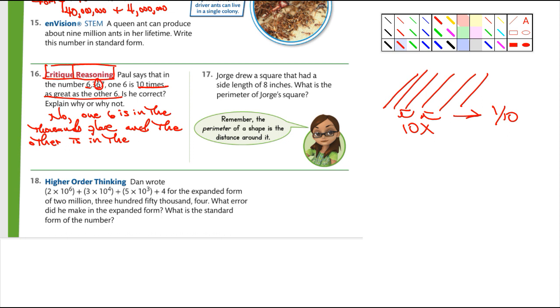That's in the tens place. Okay, so it's not correct. All right, doesn't work.